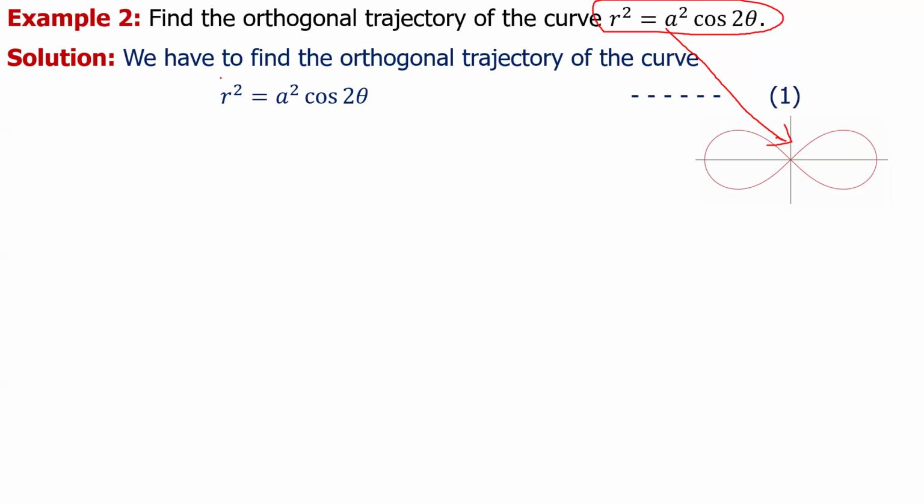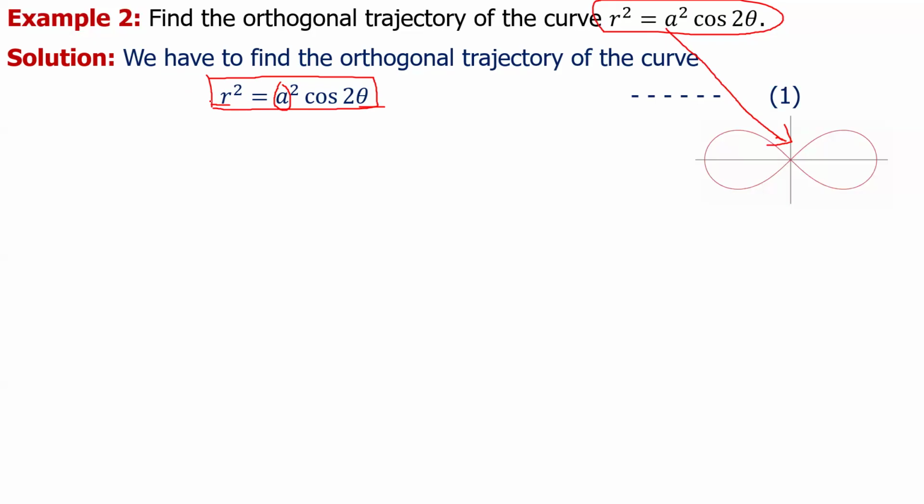Now, this is the polar curve. In case of a polar curve, we know that it is nothing but the relation between r and theta. Here, this a is the arbitrary constant. So if you want to find the orthogonal trajectory of the given curve, we first have to find the differential equation of r square equal to a square cos 2 theta.